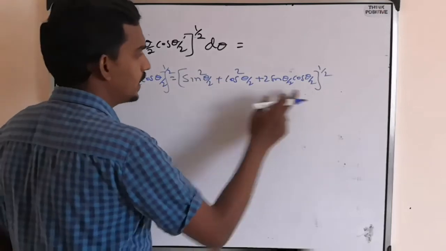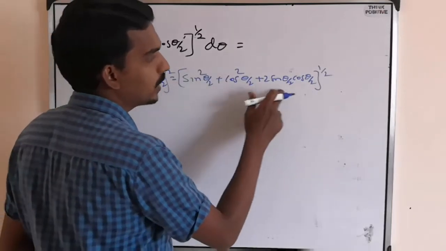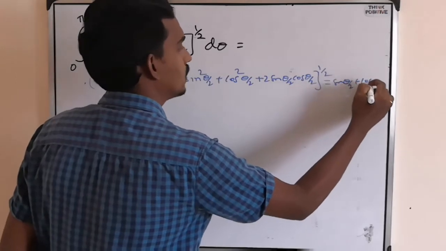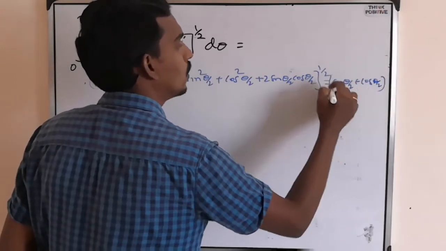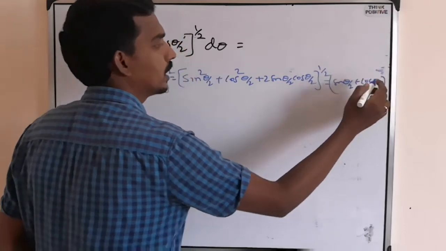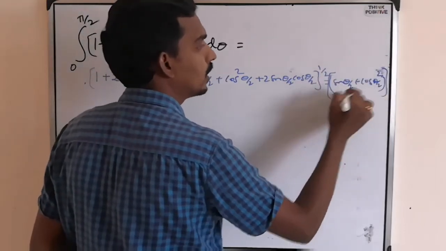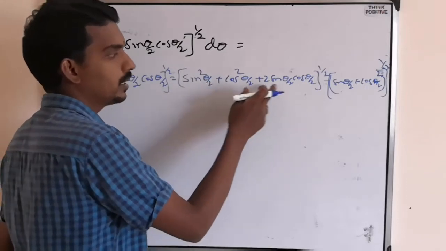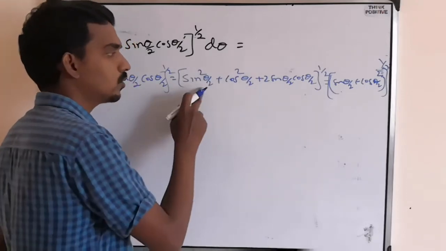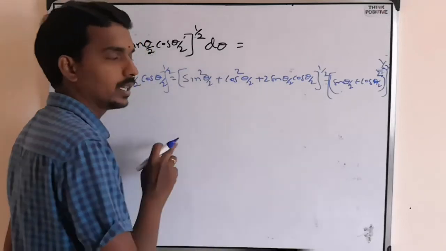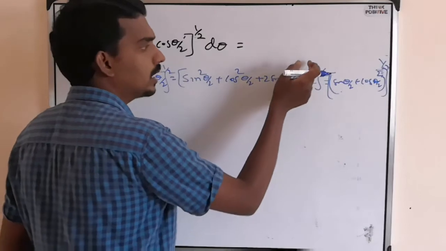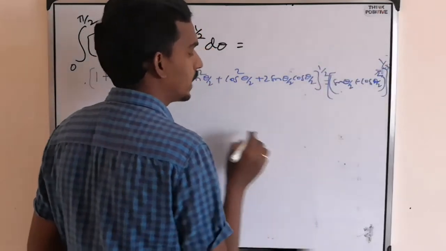But a square plus b square plus 2ab is nothing but a plus b whole square, and with the power 1 by 2, the square and the root cancel.